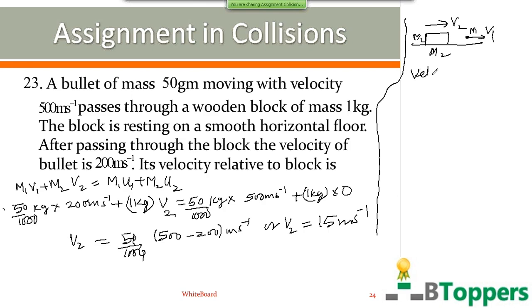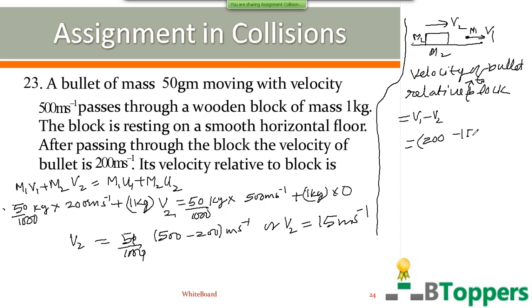That means the velocity of the bullet relative to the block after collision can be written as v1 minus v2. v1 is 200 meters per second, v2 is 15 meters per second. So you get the answer as 185 meters per second.